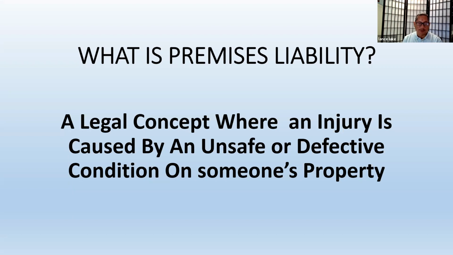Slip and fall or trip and fall cases could be caused by defective stairs or loose hand railing, wet floors or oily floors, loose carpet, loose extension cords, and a whole other bunch of examples.